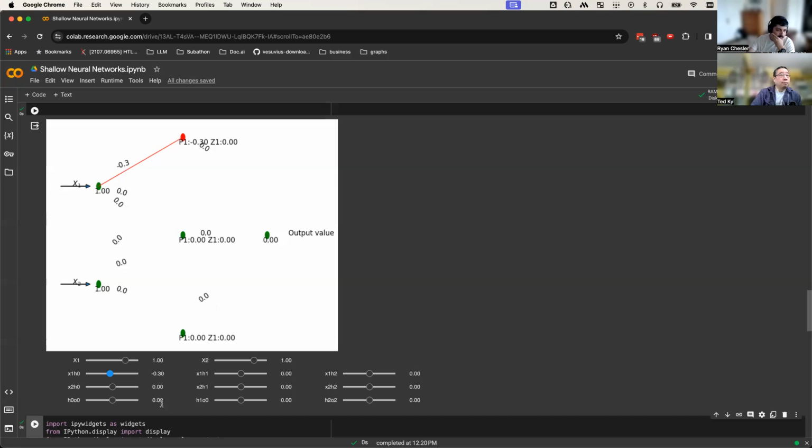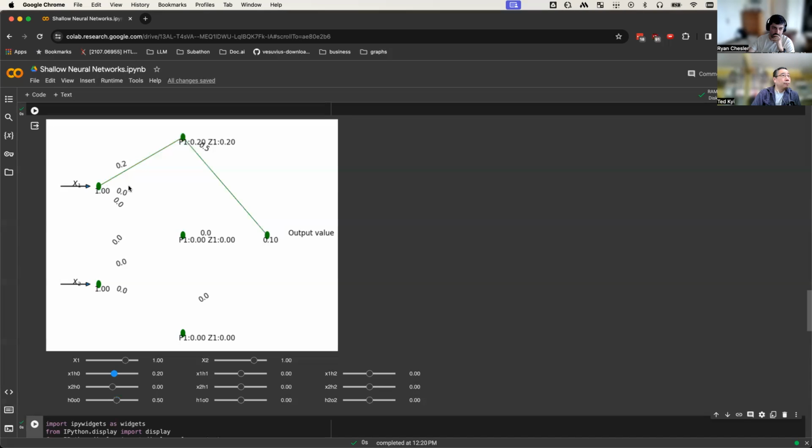Then we can make our final connection, from the hidden unit to the output unit. Setting this to 0.5, we can see that the output from this hidden unit is actually 0, so the 0.5 doesn't yield anything. We need this neuron to actually activate in order for anything to pass through.